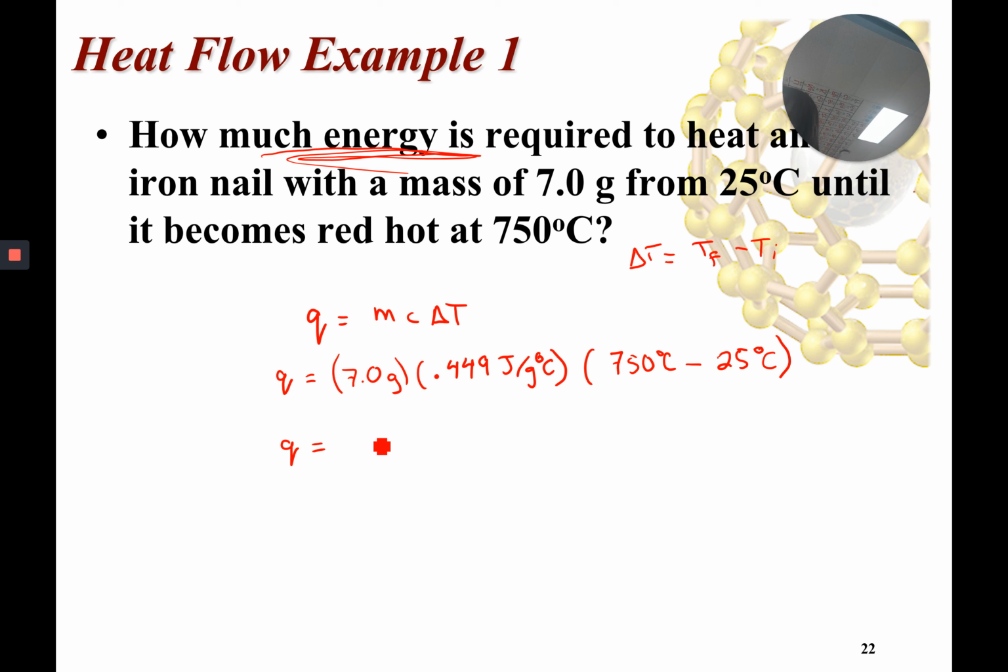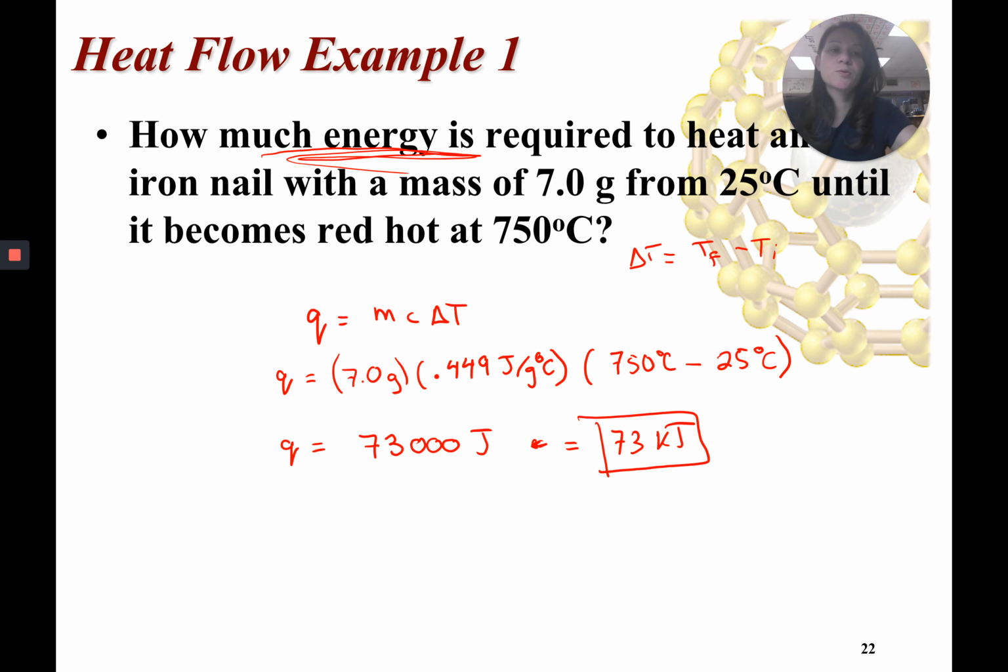And multiply it together. You get 73,000 joules, or you can say that that's equal to 73 kilojoules. Joules, remember, are a very, very small unit of energy, and so most of our answers that are in joules are going to be really, really big numbers.